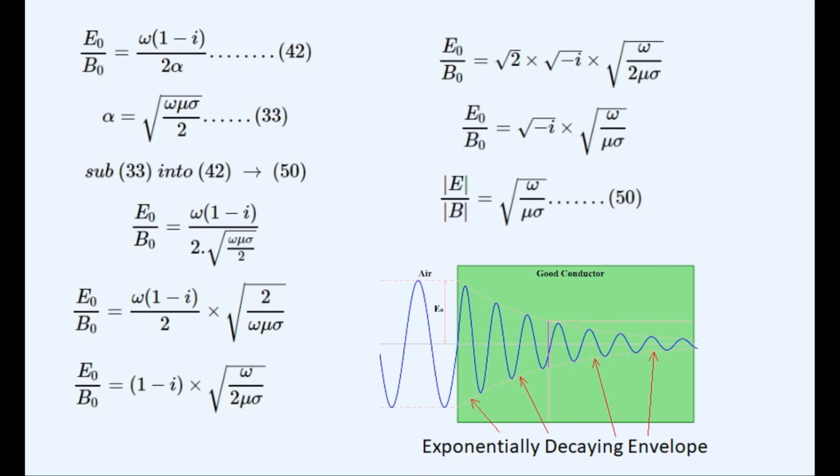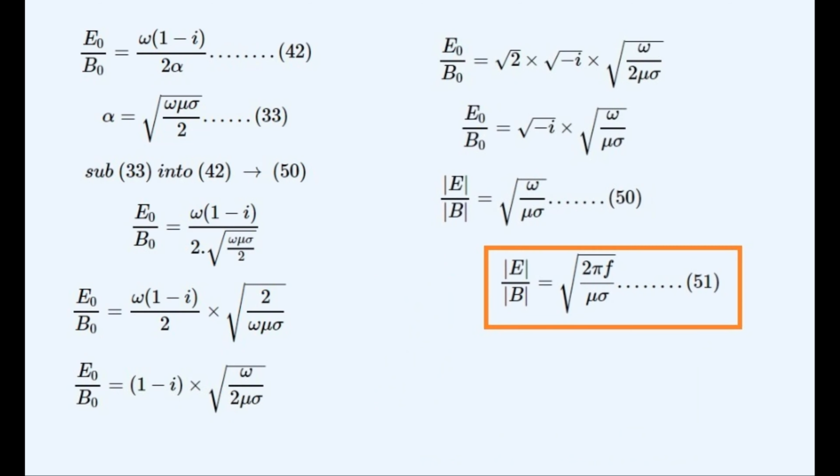So we can easily find the ratio of the amplitude of the electric field to the magnetic field. Since the two fields aren't in phase, this can be thought of as the ratio of the exponential envelopes of these two amplitudes. We can then find this ratio in terms of the proper frequency rather than the radial frequency.